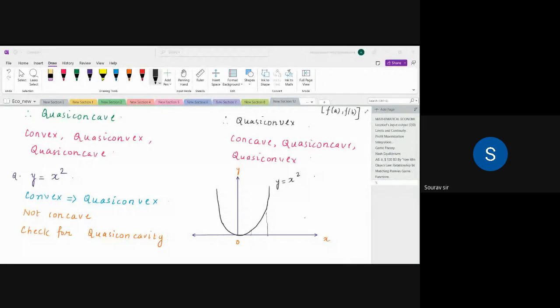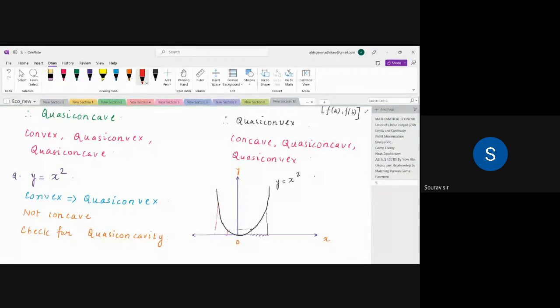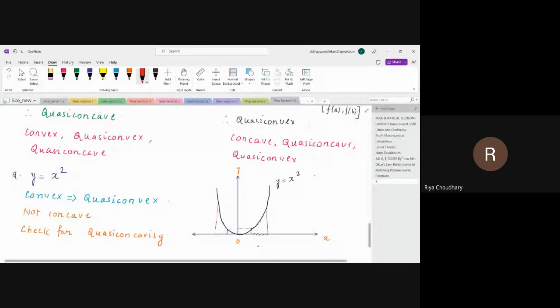Because this would be the minimum value, and any point that you take over here, the functional value will be greater than that. So that will suffice. And similarly, if you take any two negative points, then also this condition will hold, correct? Making sense? But what if you take one positive and one negative?